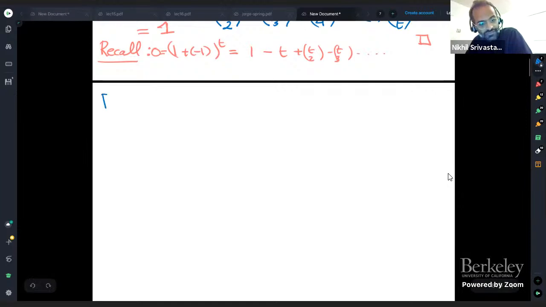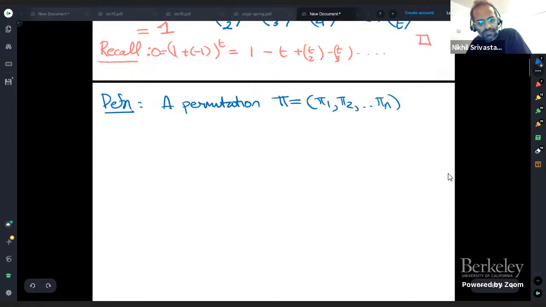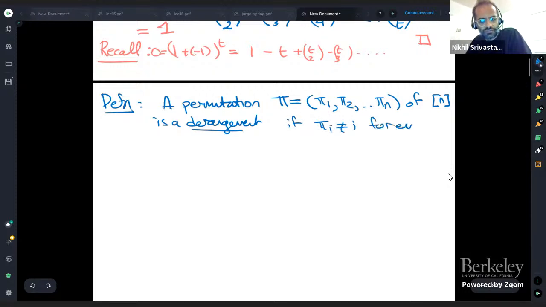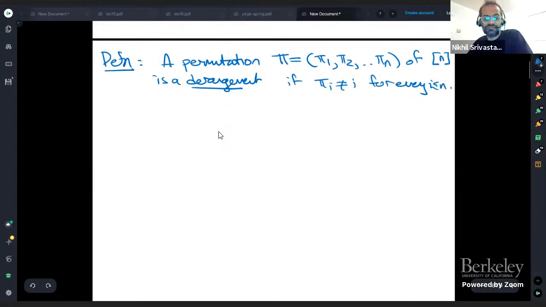Definition: a permutation pi, which I'll write as pi_1, pi_2, all the way up to pi_n, of the numbers 1 through n, is a derangement if pi_i is not equal to i for every i. So it has no fixed points. And our goal was to count the number of these things.